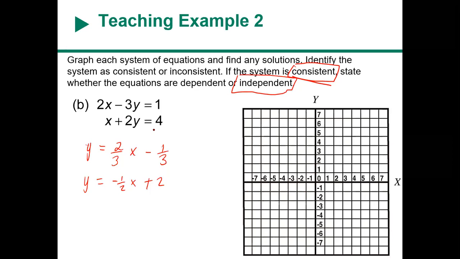So what's another value I can plug in to get something prettier to graph? I plug in 0 for x. No, that's not pretty either. I just need one point, and then I can follow the slope from there.